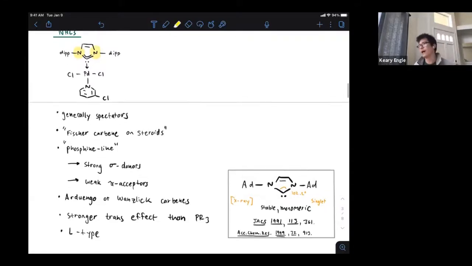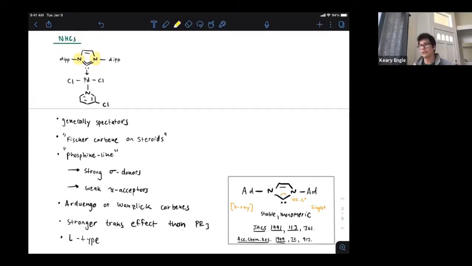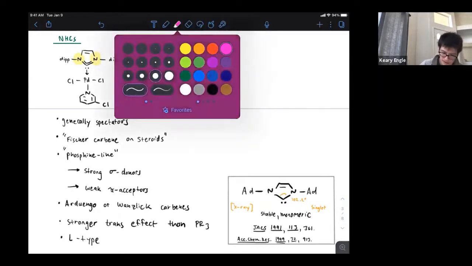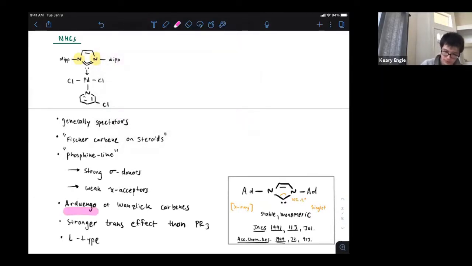And this area of study lay pretty much completely dormant until, let's say, the early 2000s. And it was really spurred by the development of these stable carbenes of this type here by the Arduengo lab, and this built on previous contributions by Wanzlick.